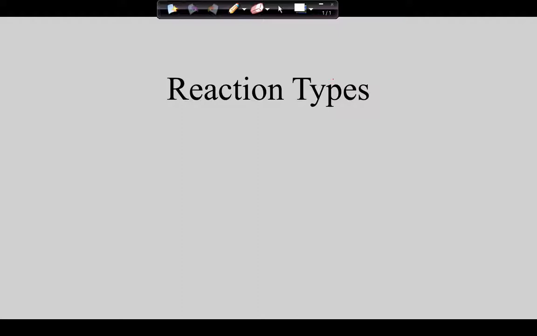What you're going to find out, guys, is that all of these reactions that you just balanced can be classified as a type of reaction. Maybe some of you picked up on this. There were reactions where one thing was falling apart.